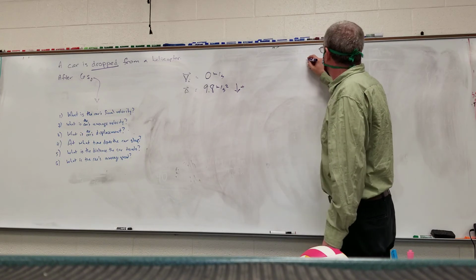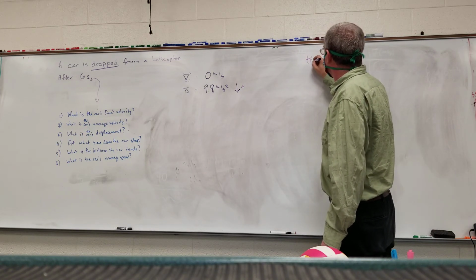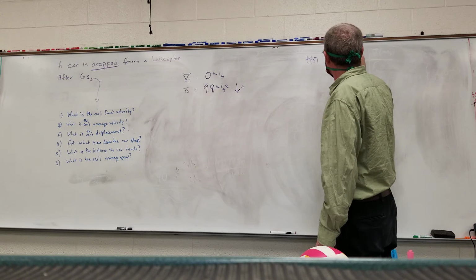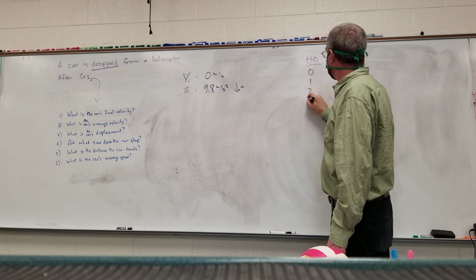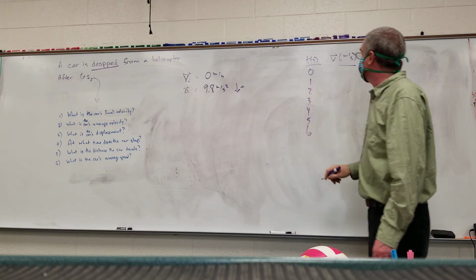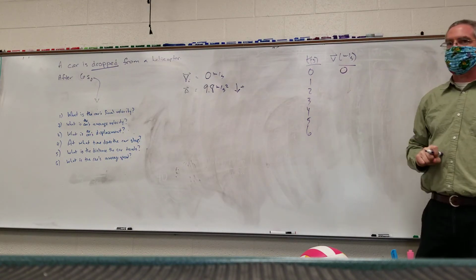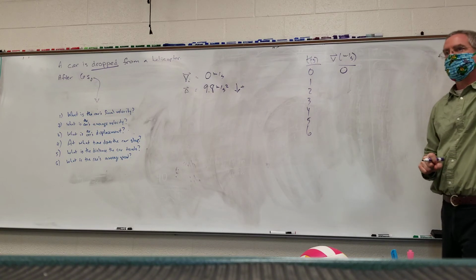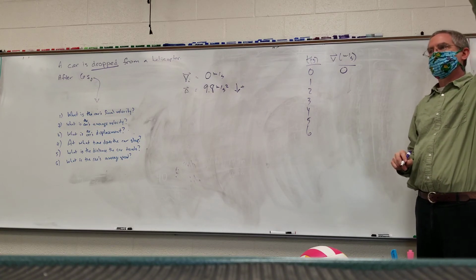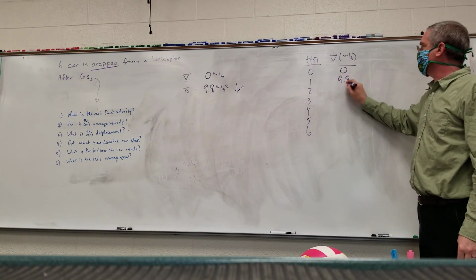So 6 seconds. So we start out with time in seconds, velocity in meters per second. We're going 0, 1, 2, 3, 4, 5, 6 seconds. So velocity is 0 to start with. What is the velocity after 1 second? After 2 seconds?